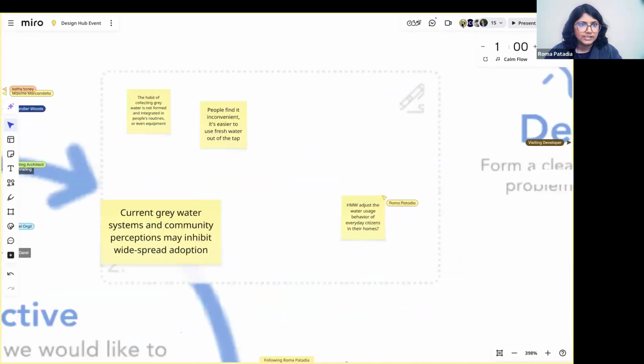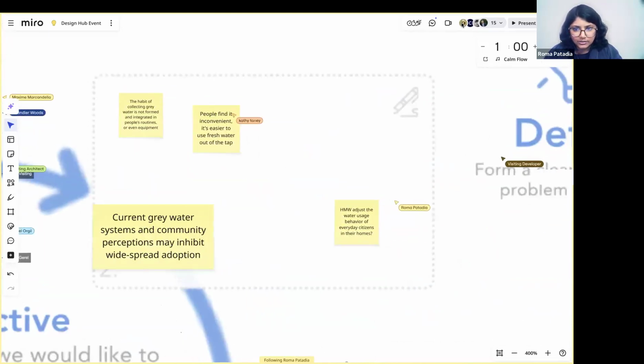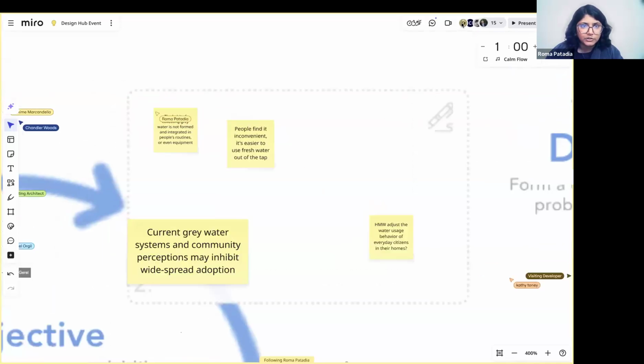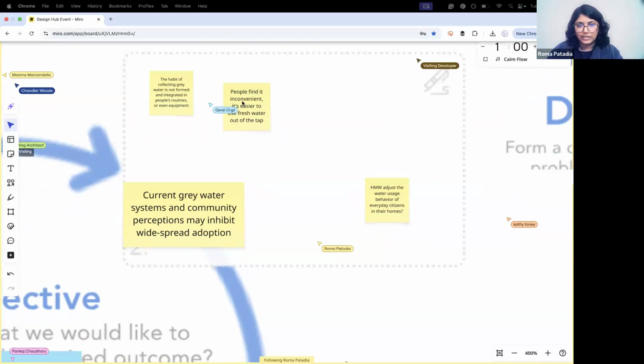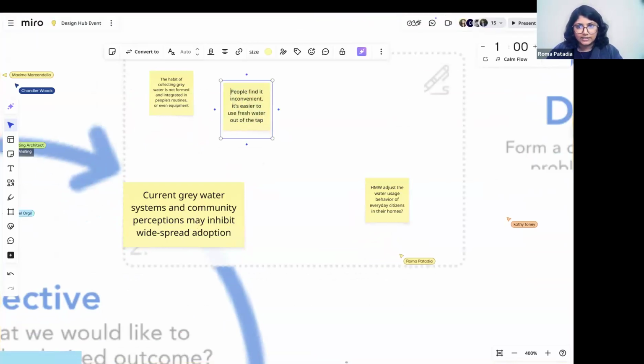And we have some how might we's here. How might we adjust the water usage behavior of everyday citizens in their home? People find it inconvenient. It's easier to use freshwater taps. So that could be one more. How might we convert that? And the habit of collecting grey water is not formed. So how might we do that? And then current grey water systems and community perceptions may inhibit widespread adoption. So how might we change that?